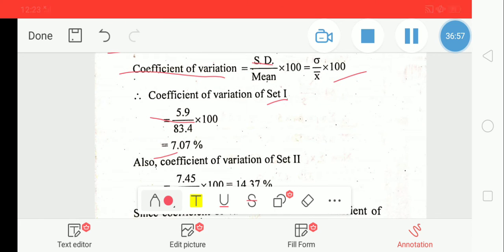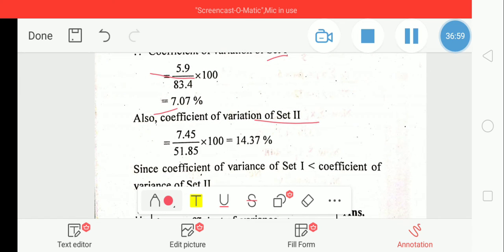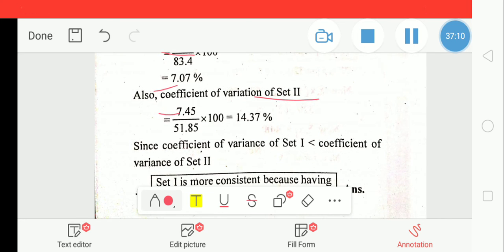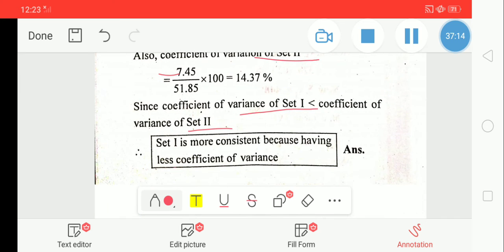And coefficient of variance of set 2 is standard deviation 7.54 divided by mean 51.85 multiplied by 100, so 40.37%. Here also coefficient of variance of set 1 is less than that of set 2. So set 1 is more consistent because it has less coefficient of variance.